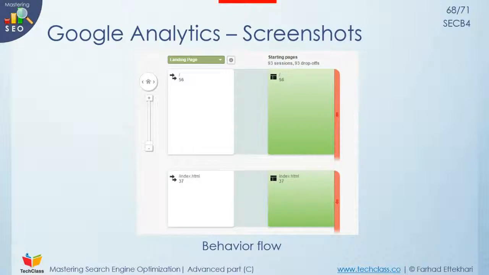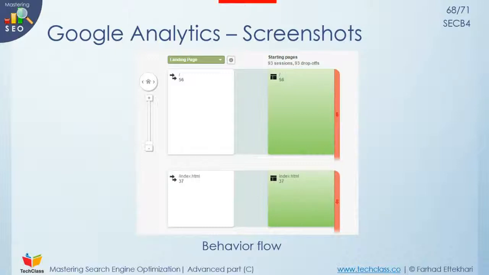And here also you can see their behavior flow. So from which page they started browsing your site, and then how was their path and their journey in your website, and from which page they closed and they stopped browsing your website and web pages.